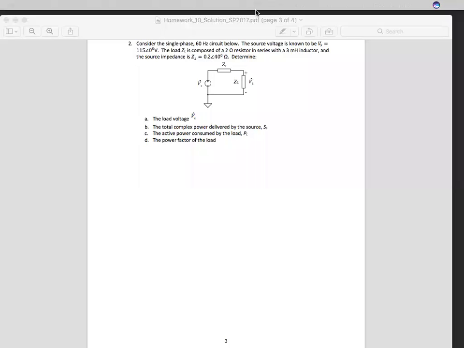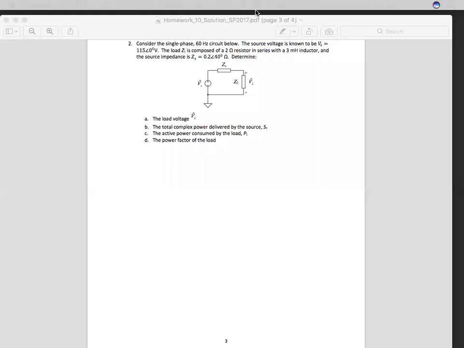Okay, so more with power factors, lagging and leading currents. We have another problem here with a single phase 60 hertz circuit. The source voltage is given as 115 volts with an angle of 0.